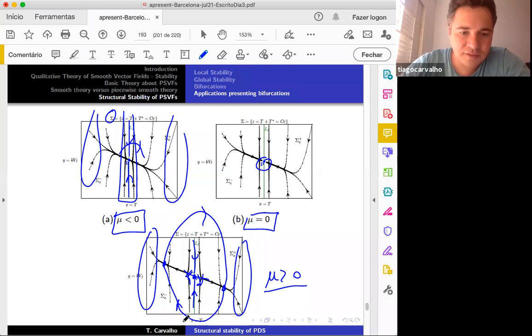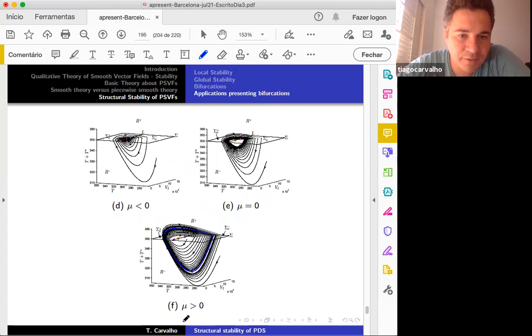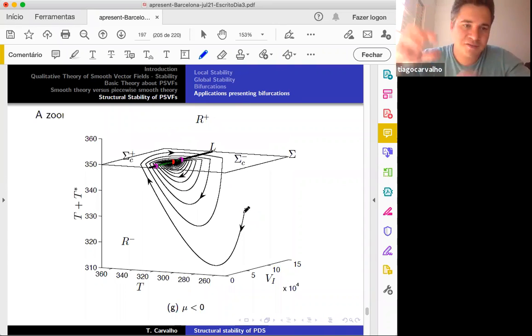in the three-dimensional dynamics. Here it's pictured this limit cycle, and here we draw some nice pictures using the numbers of the parameters obtained in a laboratory, varying this parameter me, we have these situations, or even making a zoom here.